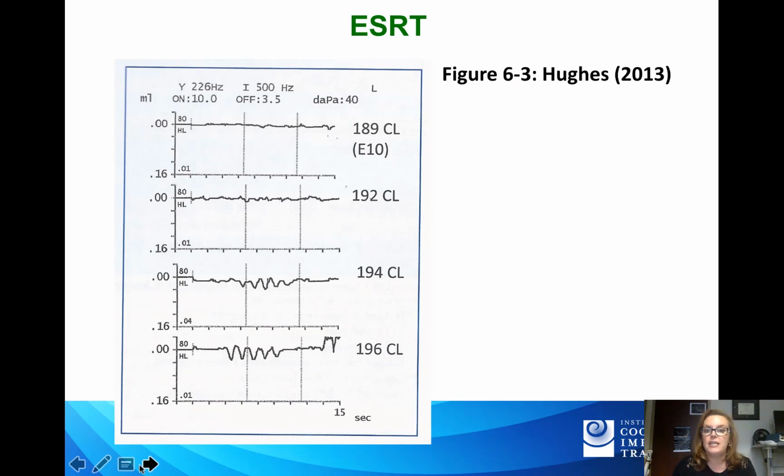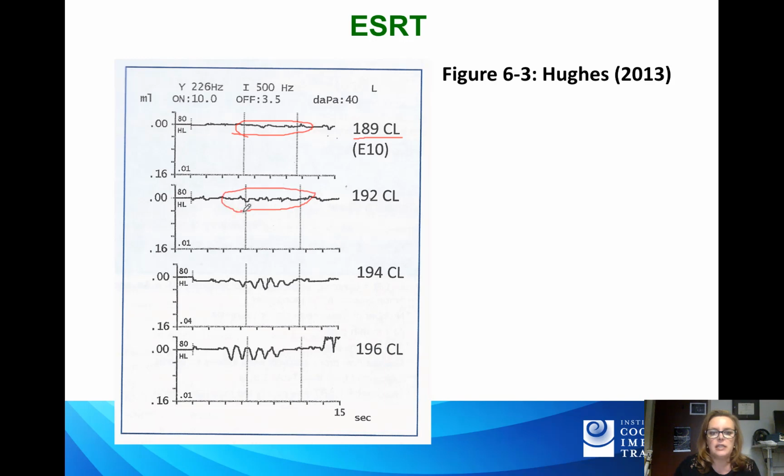Okay, so here's another example also from the Michelle Hughes book. So I'm going to get my little pen out. Okay, so what you're looking at is just the printout. So here, starting at 189 clinical levels, this is on electrode 10, and really not any activity there. Going up to 192, so she went up in 3 clinical level increments.